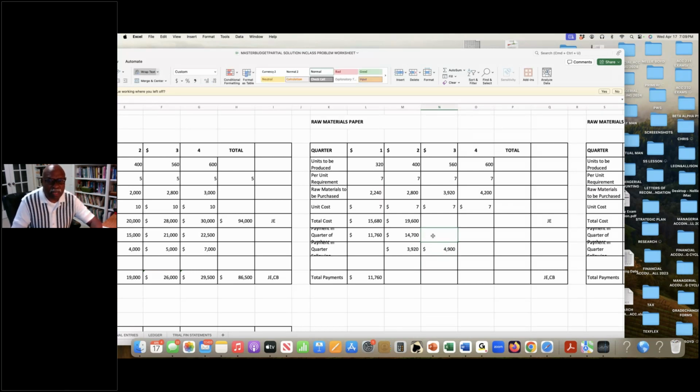What's the total cost in the third quarter? 27,440. How much of that did we pay? 20,580. How much did we pay of that in the next quarter? 6,860.